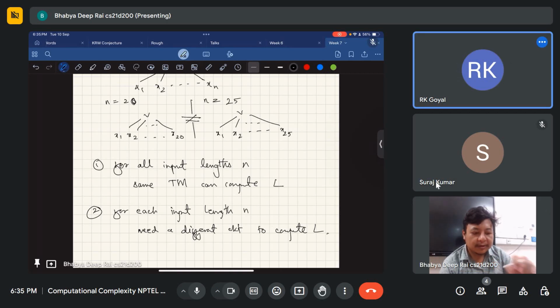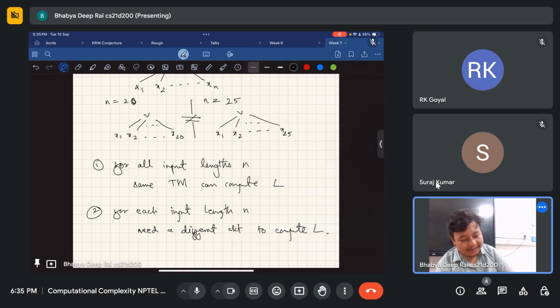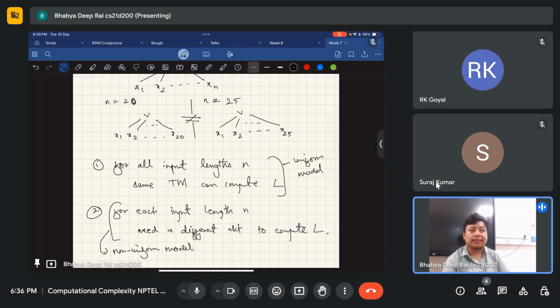Now, this is what is called a uniform model, and this is what is called a non-uniform model of computation. Uniform models are like Turing machines, RAM machines, and so on, where the same description will work for every possible input length.